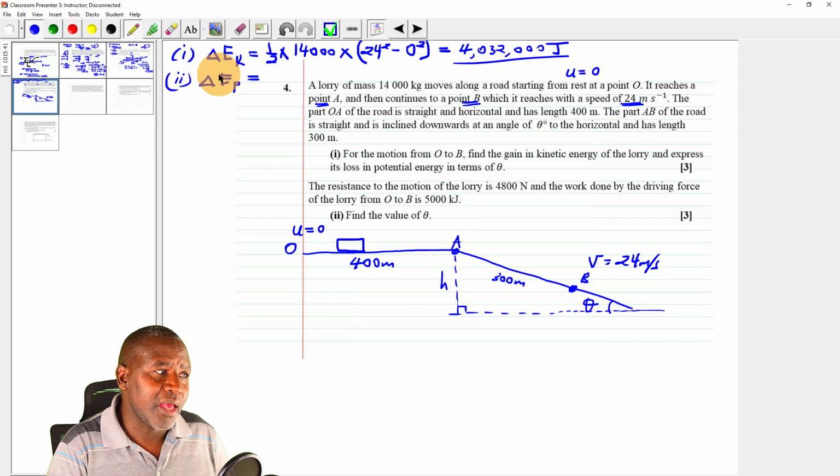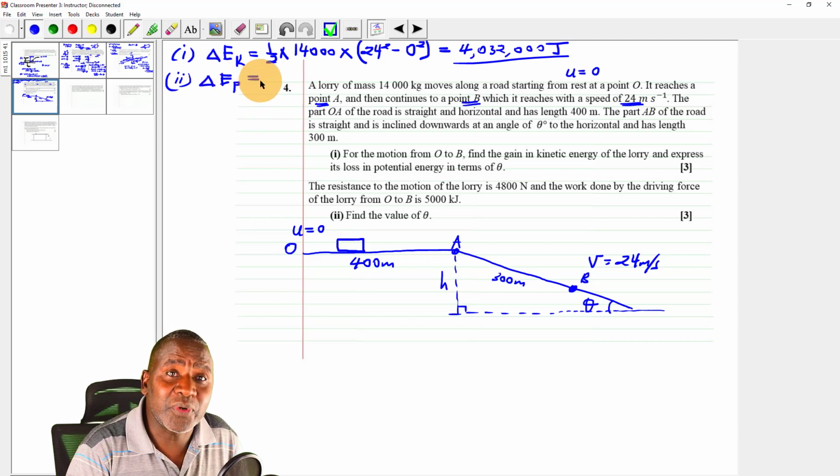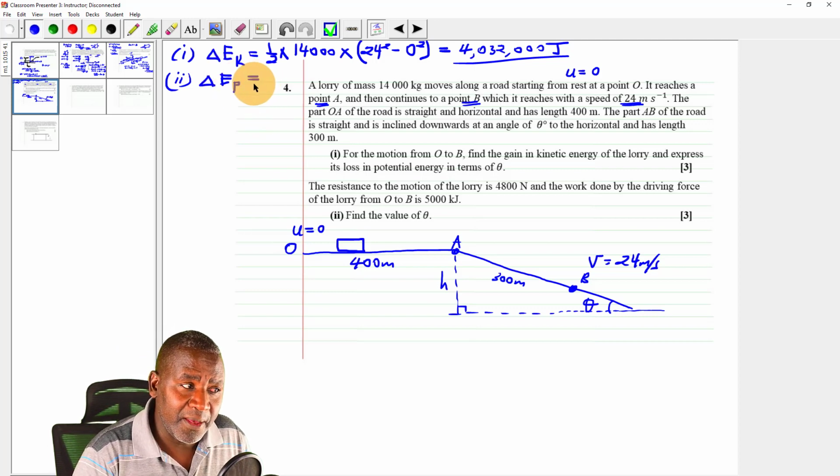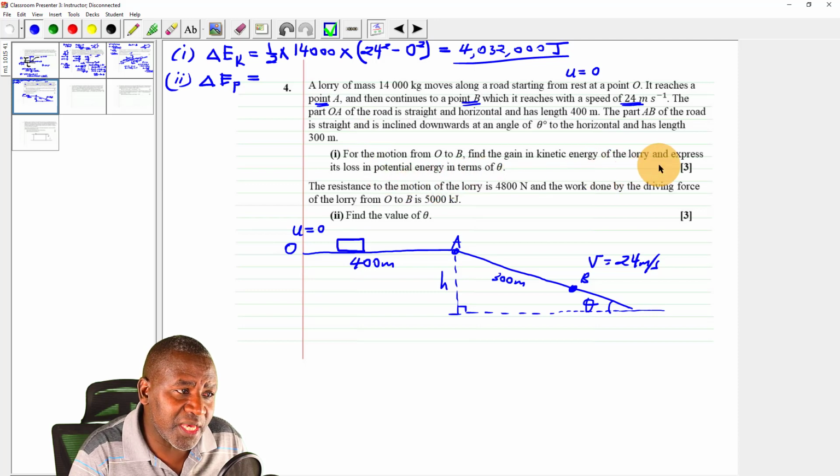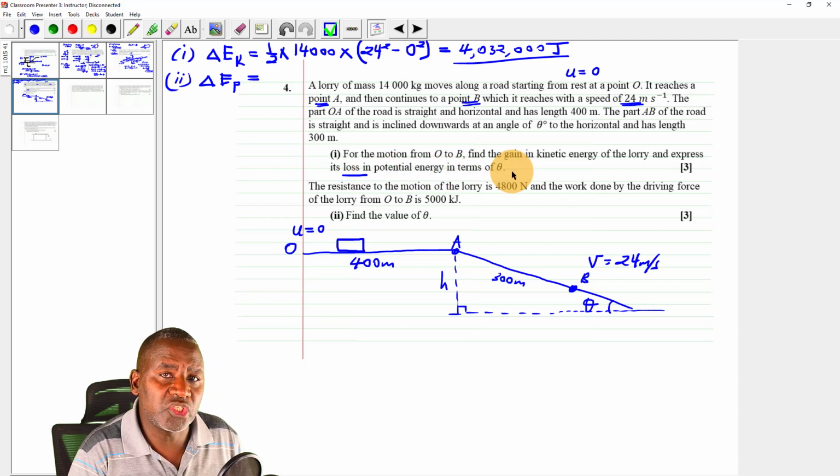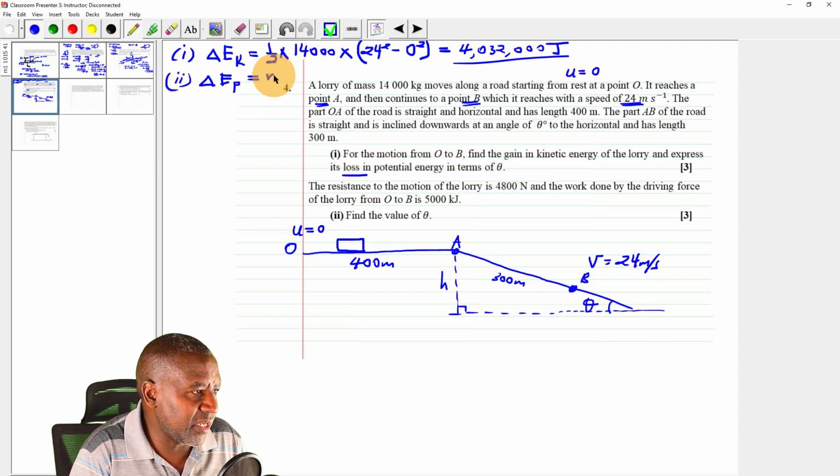That is why I'm calling this the gain in potential energy. But I'm going to follow the instructions here and work out the loss in gravitational potential energy, which definitely will be equal to mgh.